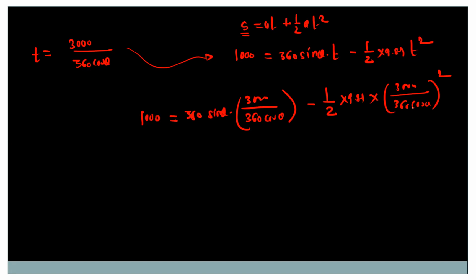Okay, so now try to simplify this equation. So we will get 1000 is equal to, you can cancel out this 360.